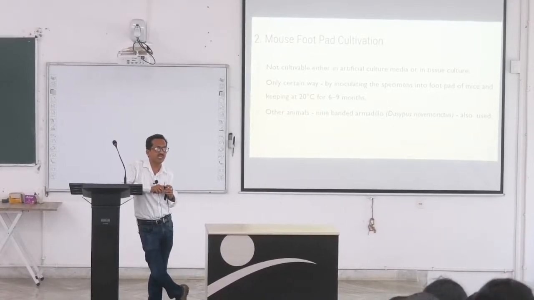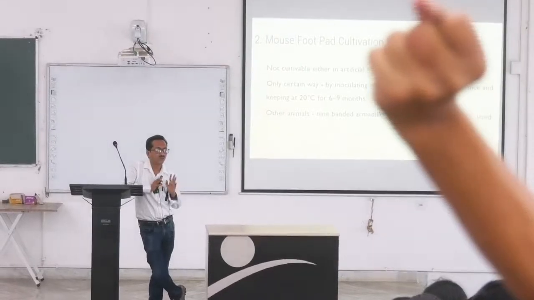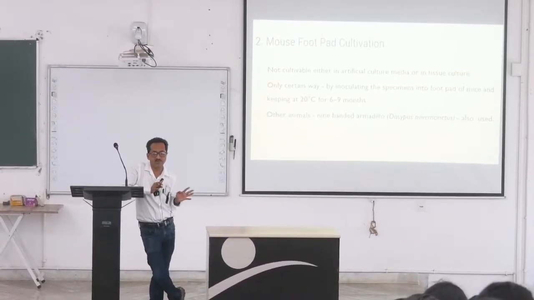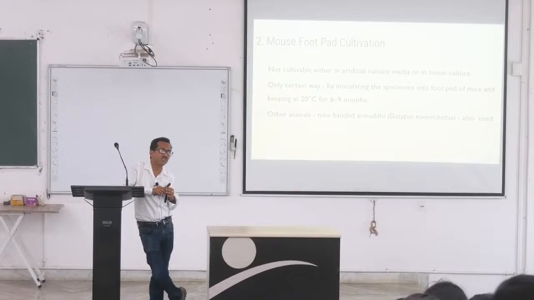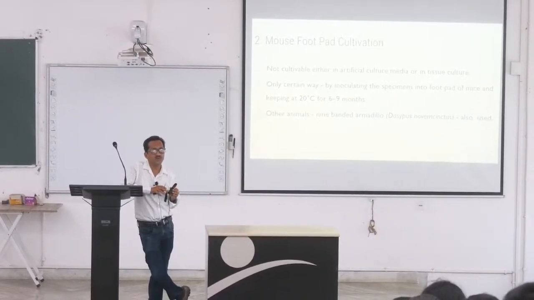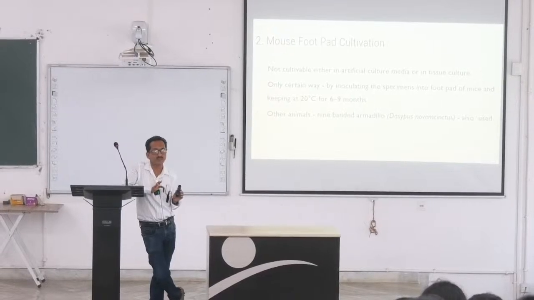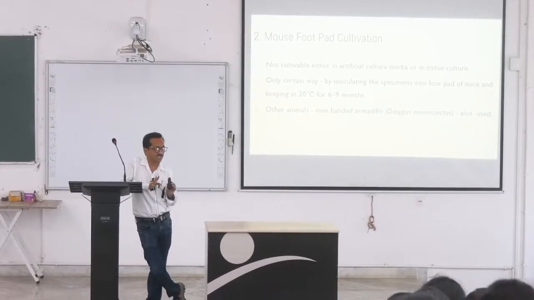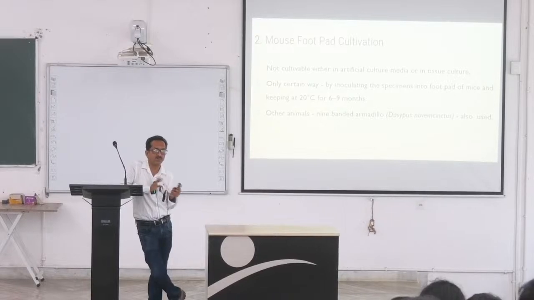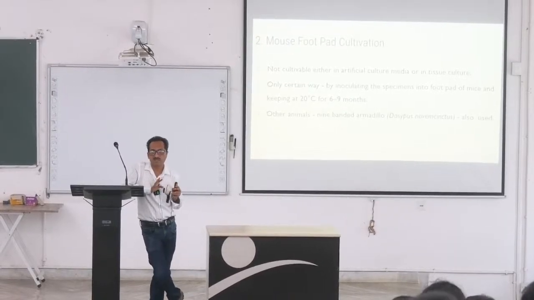There is still no artificial media where you can culture leprosy. So Mycobacterium leprae doesn't follow Koch's postulate. It cannot be cultured. There is still no artificial media to culture Mycobacterium leprae.